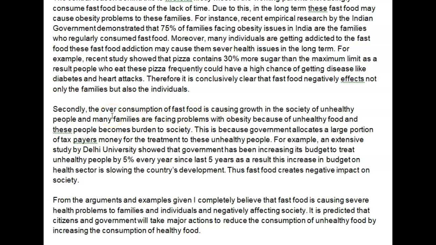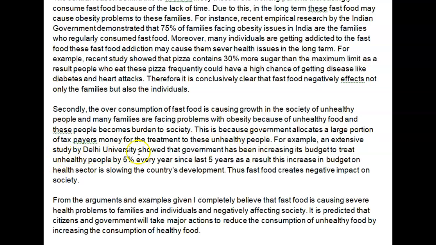Secondly, the overconsumption of fast food is causing growth in the society of unhealthy people, and these people become a burden to society. This is because the government allocates a large portion of taxpayers' money, you need an apostrophe after the S, for the treatment of these unhealthy people.